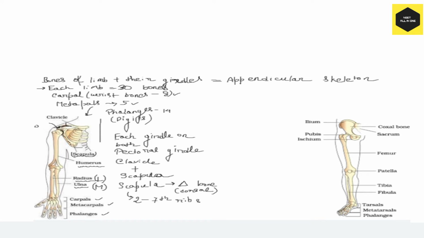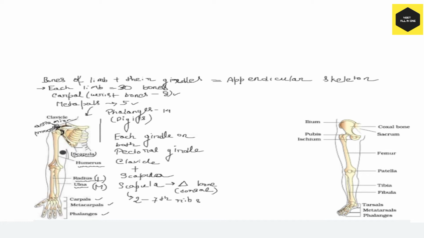I'm marking this acromion process. The clavicle articulates with the acromion process of the scapula. Now below the acromion there is a depression called glenoid cavity. I was telling you this earlier also. This is the glenoid cavity. This is also a part of this scapula. And this glenoid cavity helps the scapula articulate with this humerus.